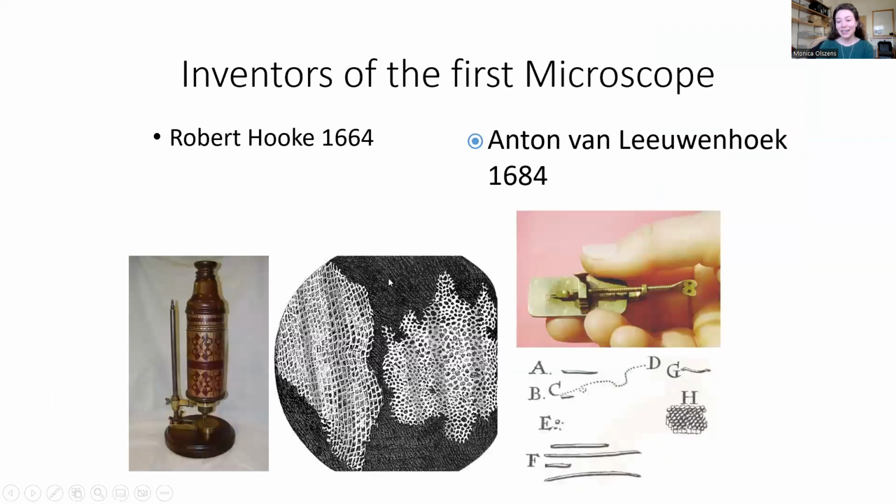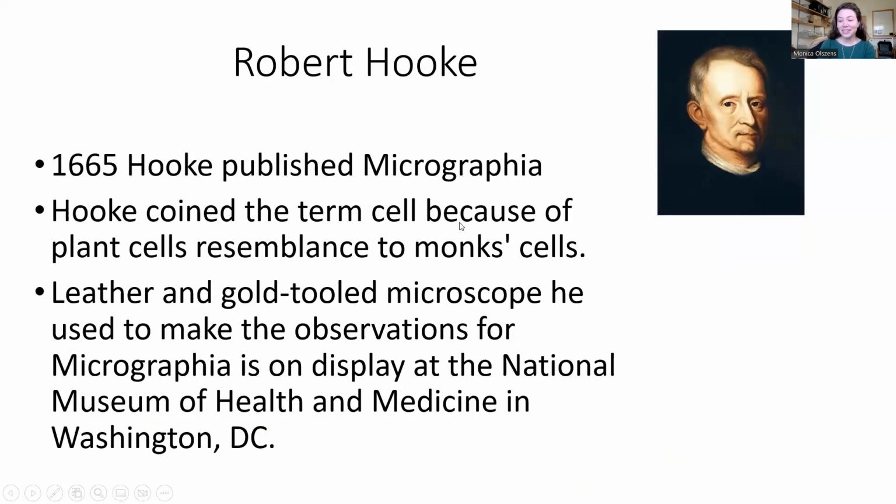So if we'd gone ahead with Anton van Leeuwenhoek's model, we would have actually called them wee animalcules instead of cells. But yes, if you would like to see the leather and gold tooled microscope he used to make these observations in his book, it's on display in the National Museum of Health and Medicine in Washington, D.C.